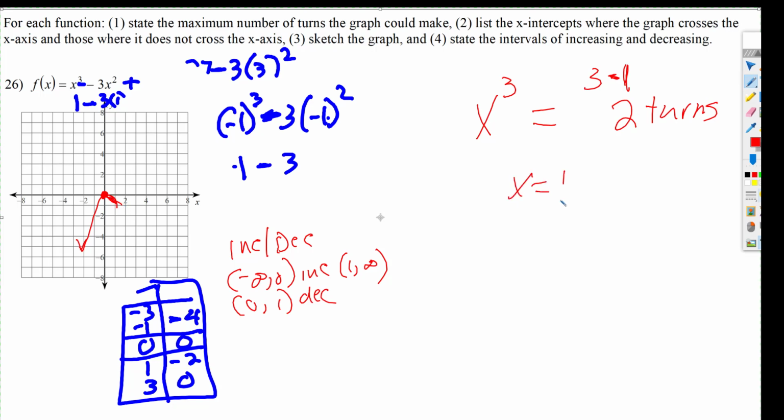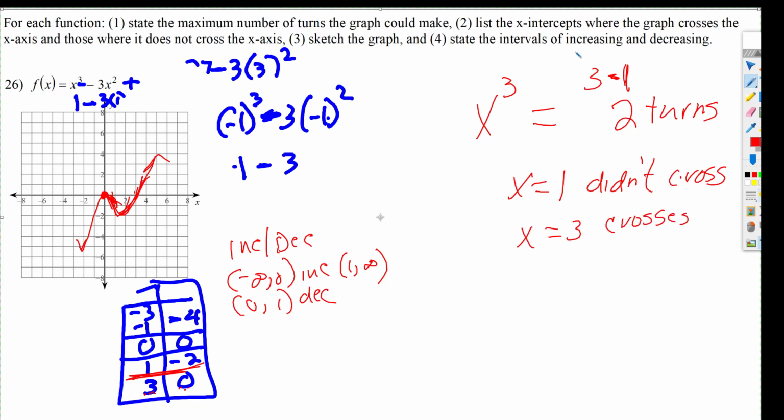So where x is equal to 0, it didn't cross the x-axis. And where x is equal to 3, there's a 0. Remember, it crossed there. It did something like that. It crosses.